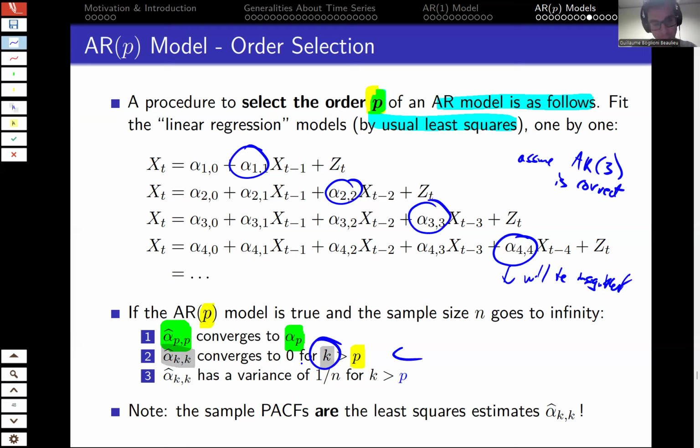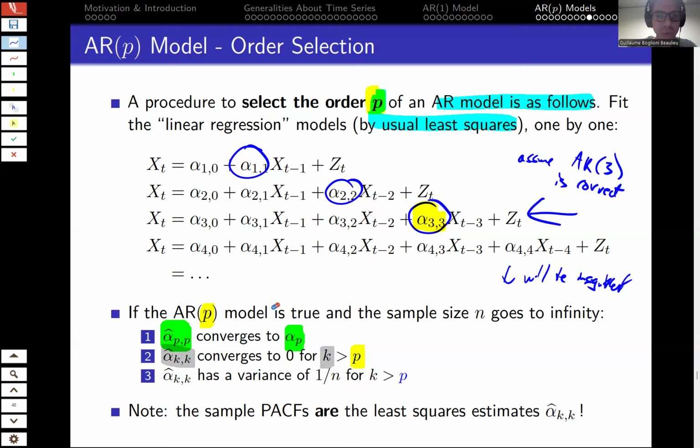This is what this says. Once you exceed the p, or the order, those parameters that you estimate by least squares will be 0, or they will be non-significant. And then you would stop. You would say, well, this was significant, this one was not, so I'm going to choose this model, and I will then choose an AR3 in this example. Now, how do you judge significance? That's the third bullet point here, which is a simple result.